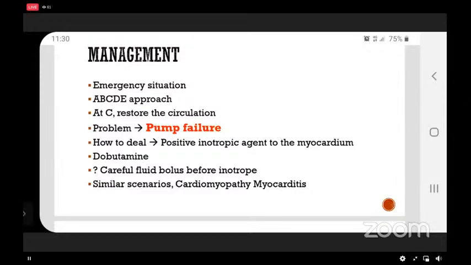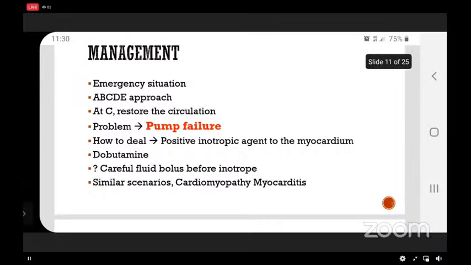So how to deal with it? You have to give some thrombolytic agent to restore the blockage, but until then you have to resuscitate the patient. You have to support the heart. You have to give a positive inotropic agent for the remaining muscles of the heart to act better.